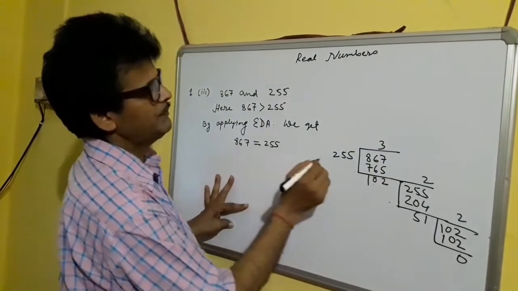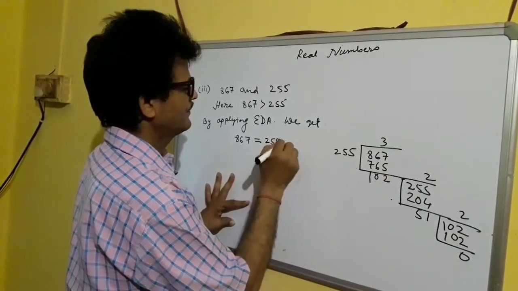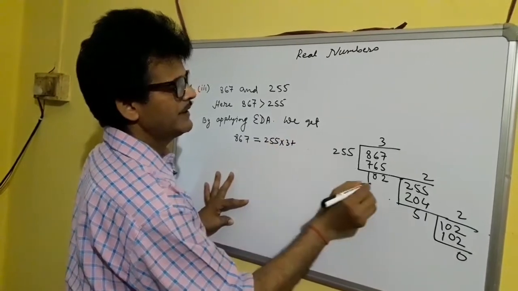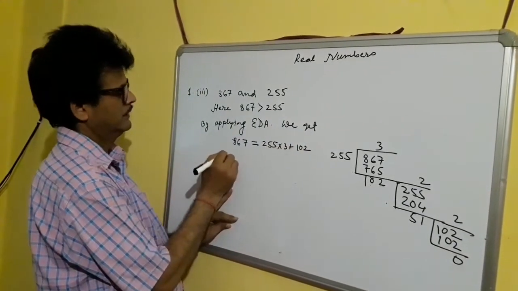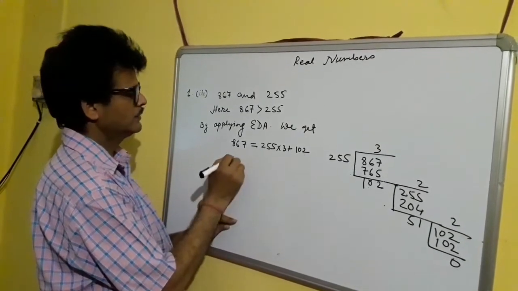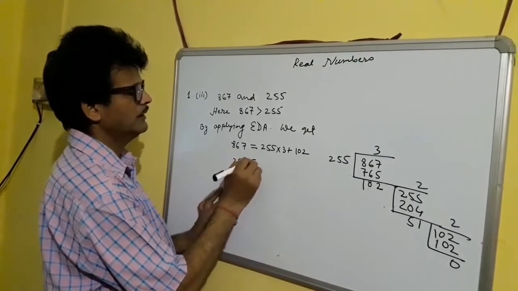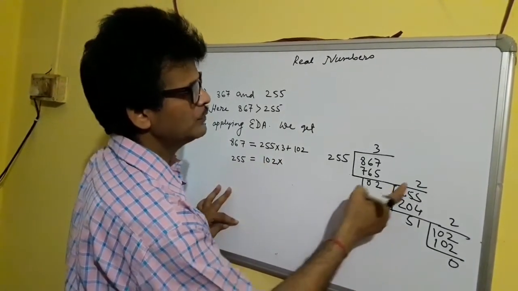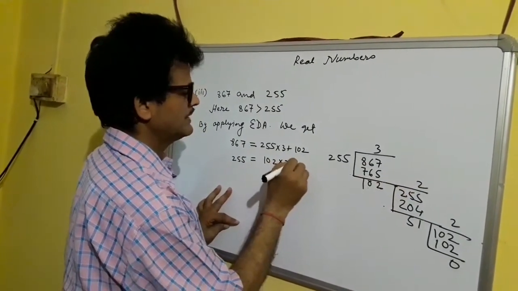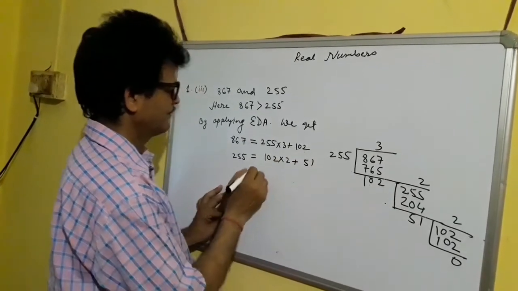So 255 into 3 plus remainder 102. Next, 255 is equal to 102 into 2 plus remainder 51.